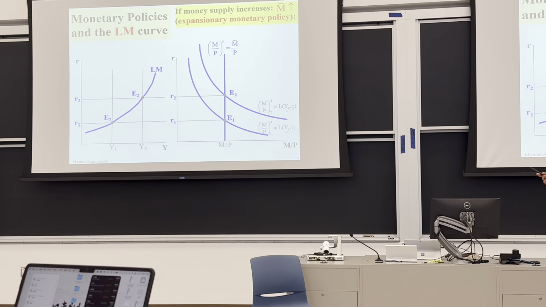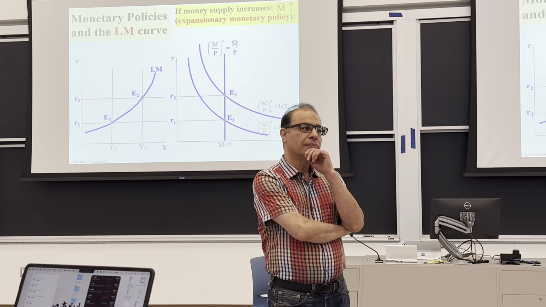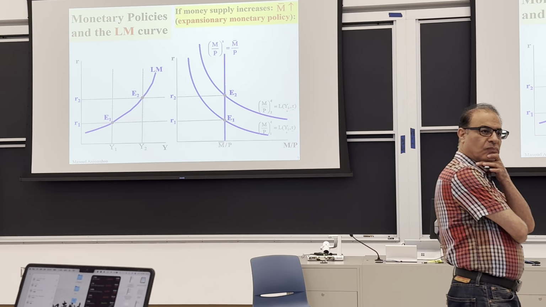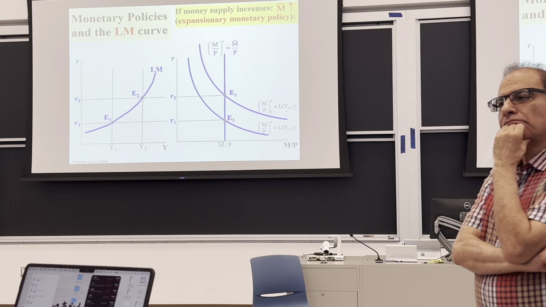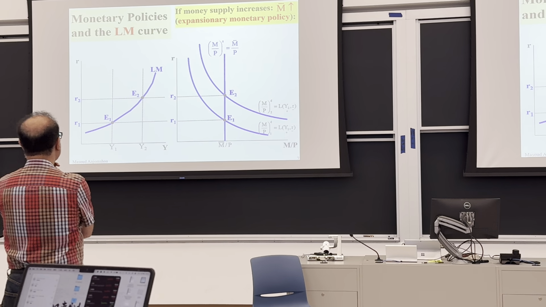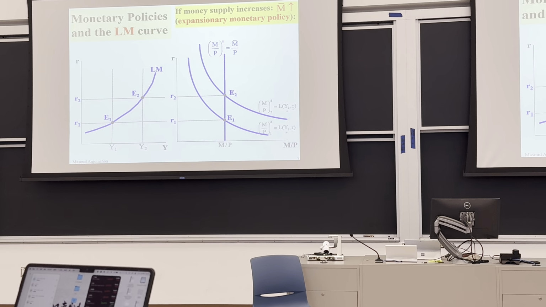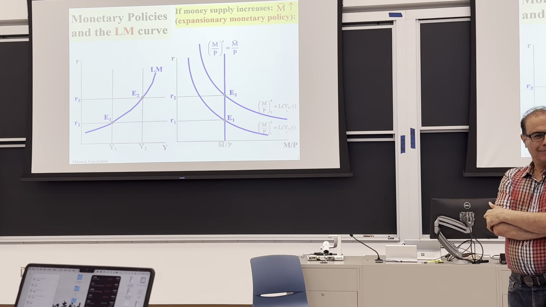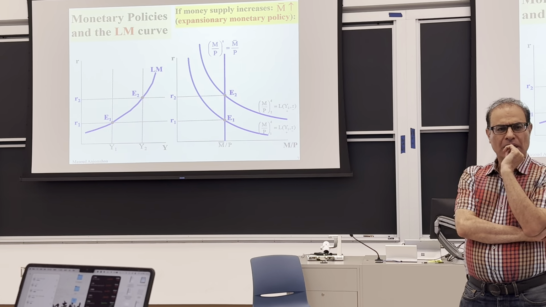In this structure, what happens? No one? Anyone? What happens? It should be easy. Money supply goes up. I guess you have a suggestion? You do? So what happens?